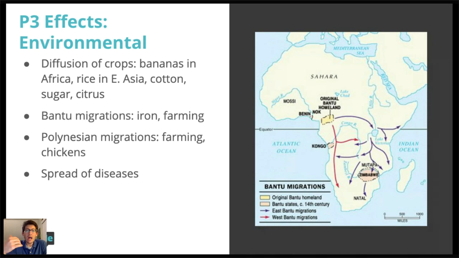The spread of rice in East Asia, especially new varieties of rice like Champa rice, which spreads from the regions of Vietnam northward into China during the Tang Dynasty. Even cotton begins to spread out of India and into places like Iran and into the Middle East. Sugar spreads, citrus fruits. So these crops start spreading along with this trade.